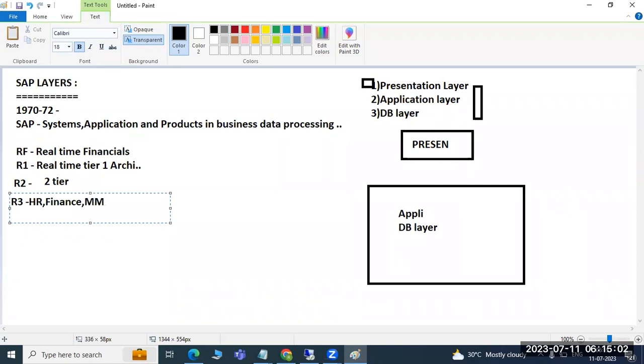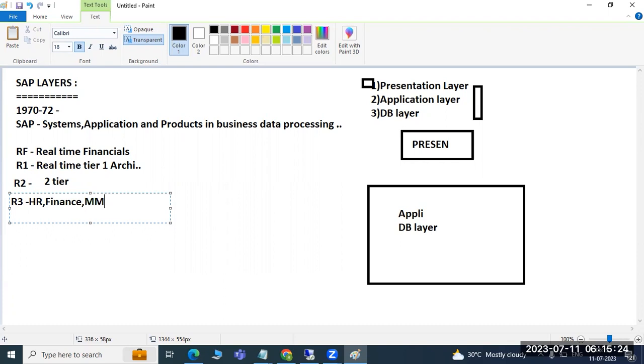Covering all enterprises, they released the modules in R3. They changed their architecture to the client server architecture.